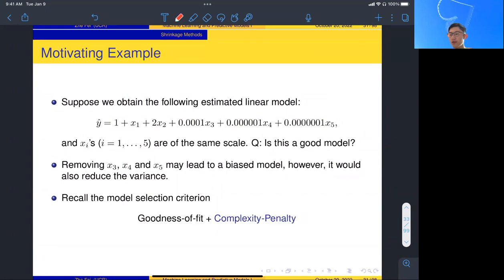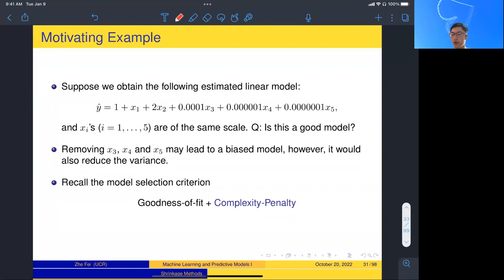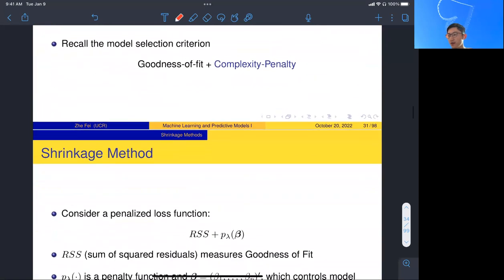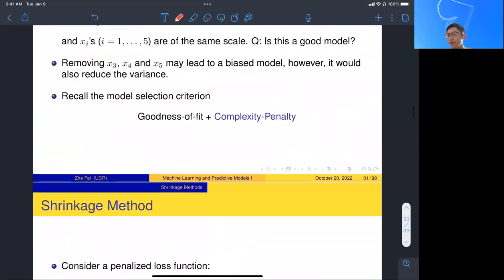And to quantify this trade-off, essentially we introduce this model complexity penalty. So this is the third time we have seen this formula. We should be familiar with this criteria.